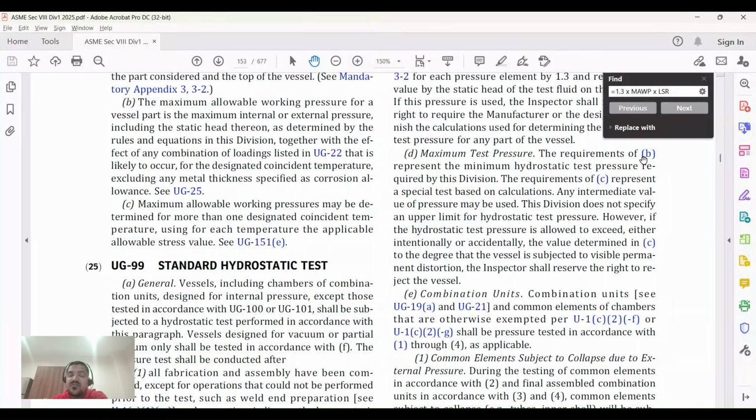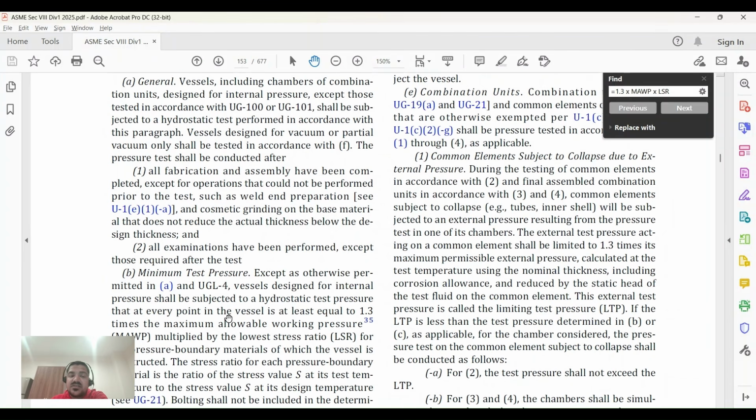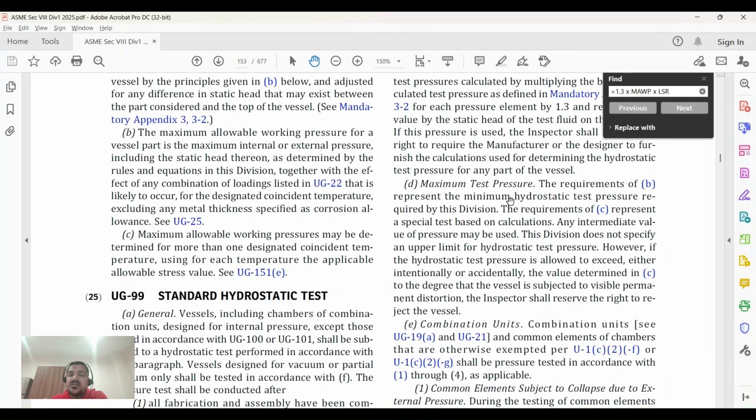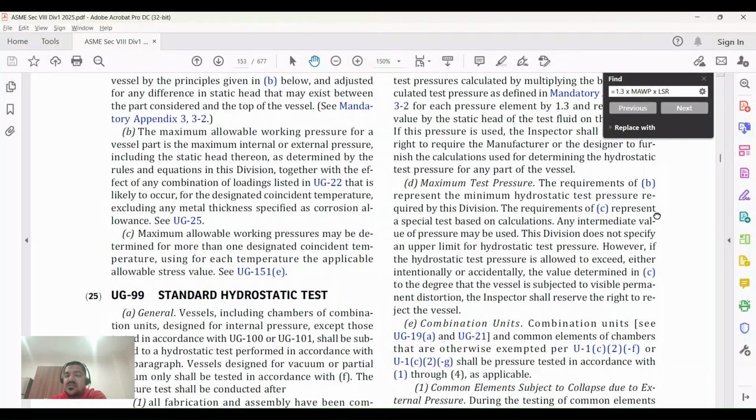The requirement of B is the calculation that you have done here, minimum test pressure. What it says is the requirement of B represents a minimum hydrostatic test required by this division. The requirement of C, what it says, is the hydrostatic test of each individual part of the vessel.